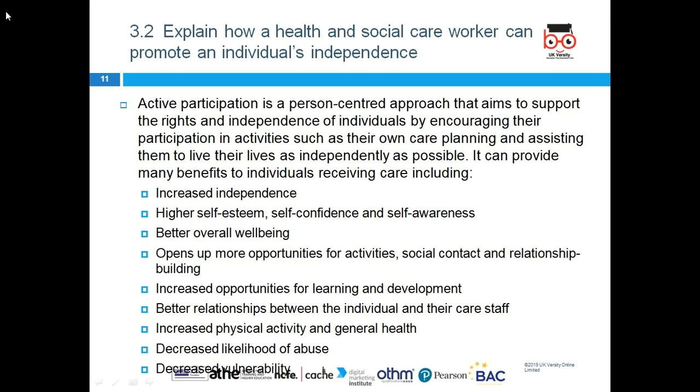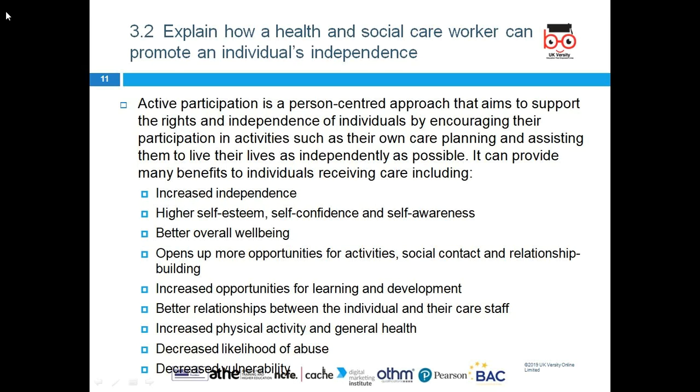We have something called active participation here, and this is a part of the person-centered approach. Active participation helps to support the rights and independence of the service users. This can be done by encouraging them to actively participate in their own care planning, and by assisting them to be as independent as possible within their daily lives. This is really beneficial to service users.